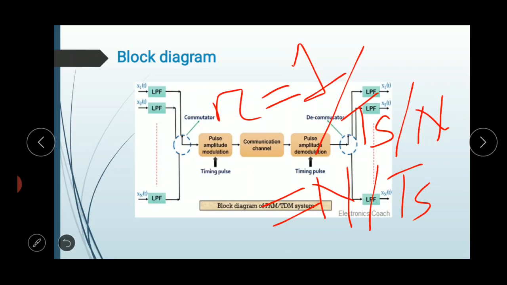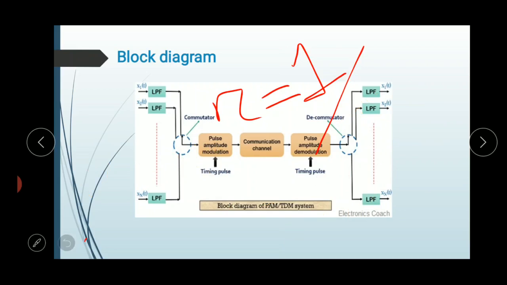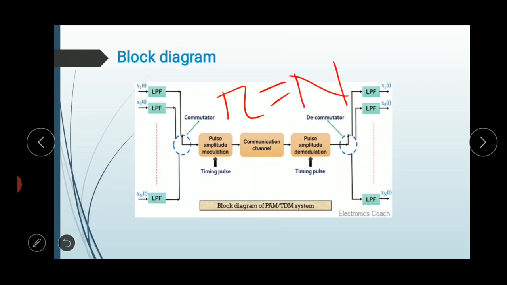We can also write it as R equals N by 1 by Fs, since Ts equals 1 by Fs, we know that. So at the end we conclude that R equals N Fs. So the technique of time division multiplexing can be implemented like this.